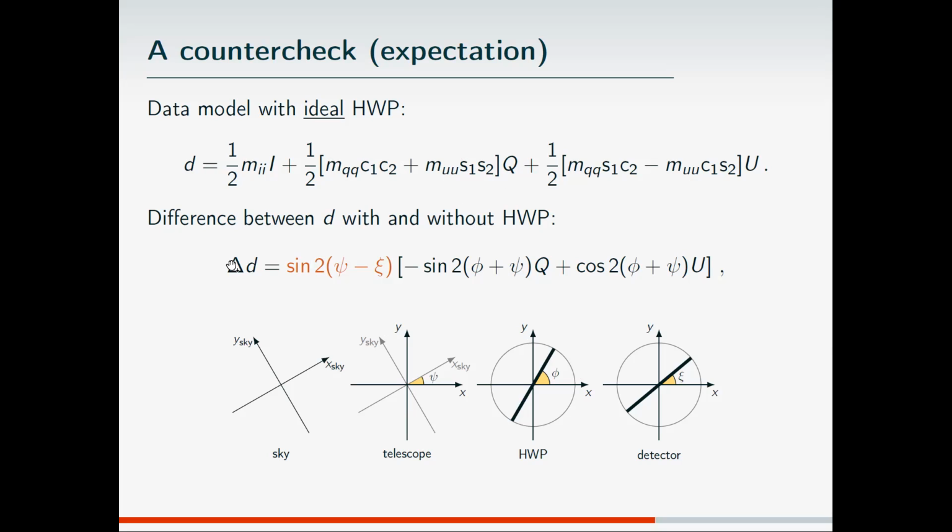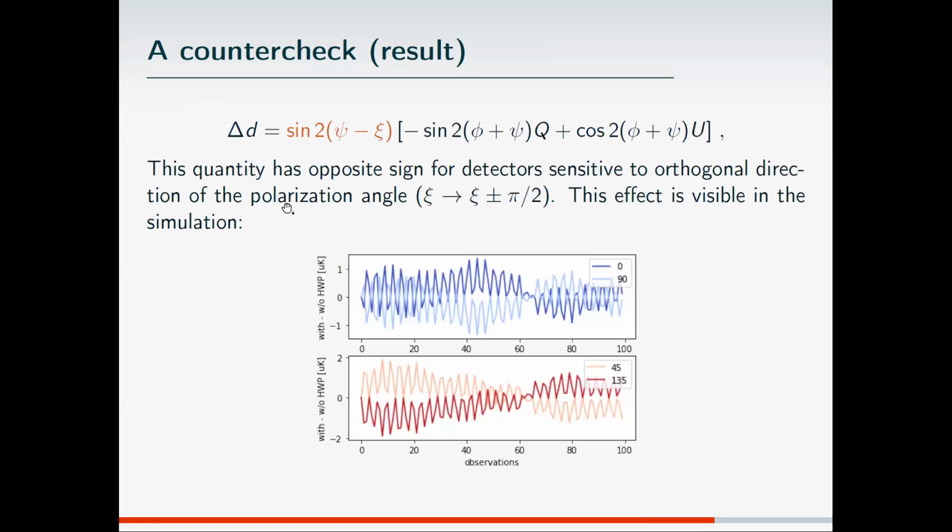If you take the difference between the signal with an ideal half-wave plate and the signal without a half-wave plate at all, you get this expression, where the interesting thing is that psi is the angle of the direction sensitive to the polarization of the detector with respect to the focal plane reference frame. And when you have two detectors that are orthogonal to each other, this sign gets a minus sign.